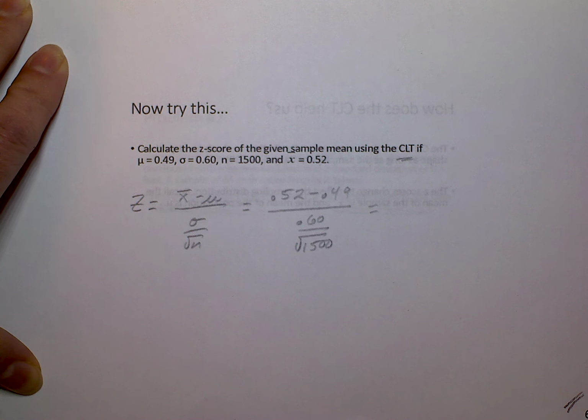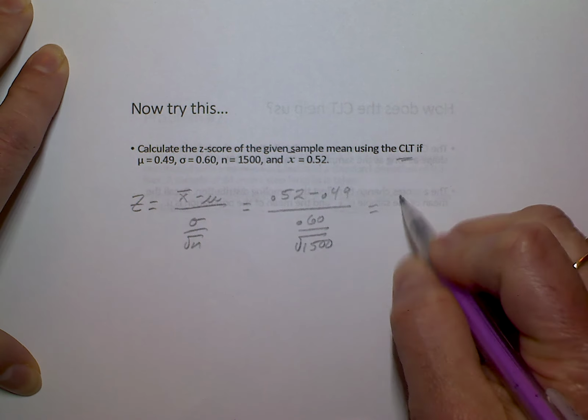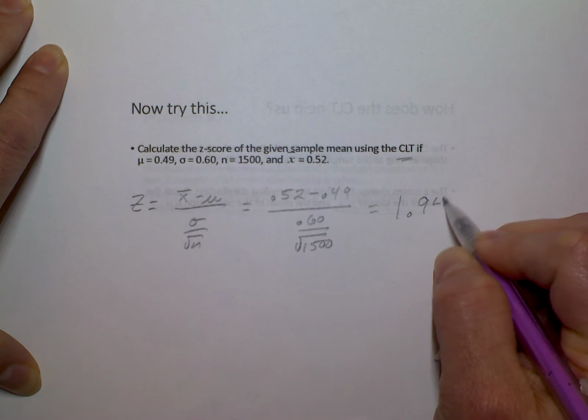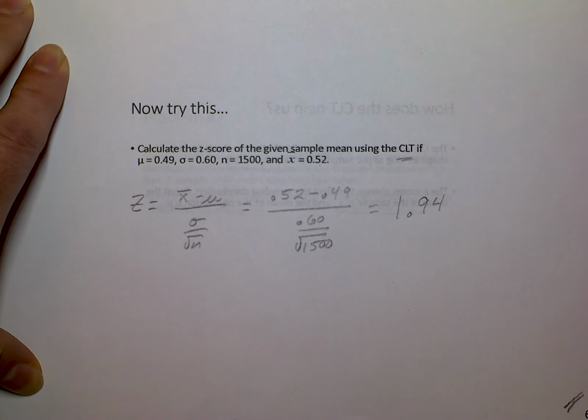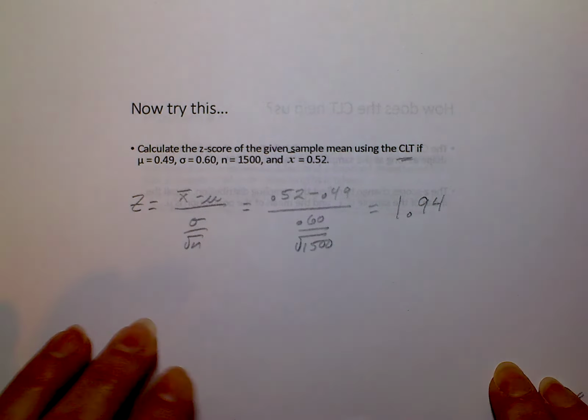Use your fraction function or use good parenthesis action. If you are doing things well, you should get 1.94. Okay, remember z-scores are 2 decimal places. Then we can look them up on the table.